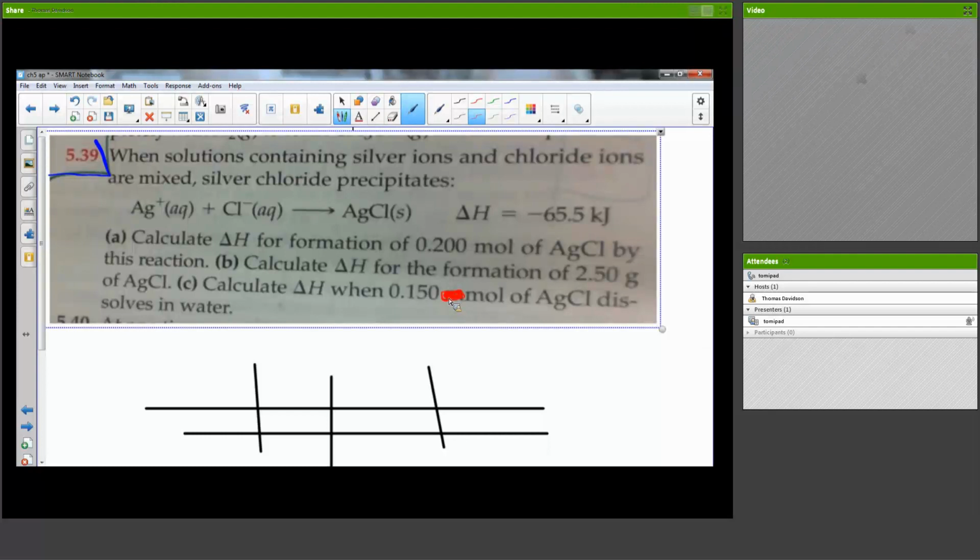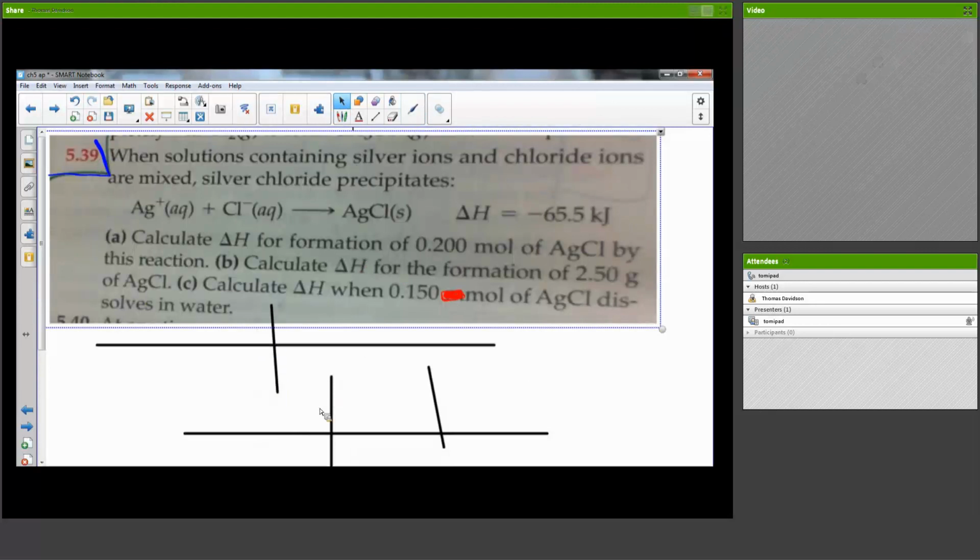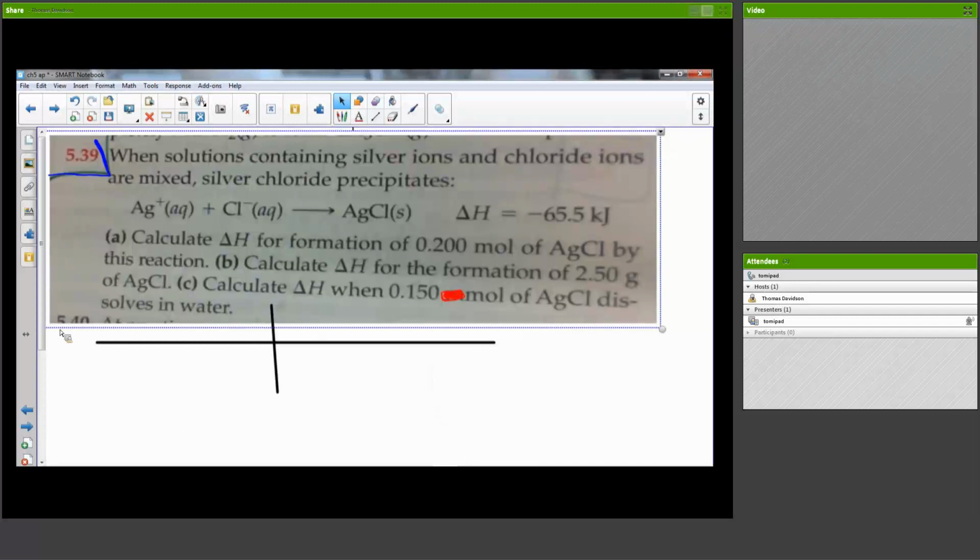All right. Let me help you with part A. I'm going to pull these pieces right here up. If I can, I'm always going to pull the picket fence up, right? So think about things.